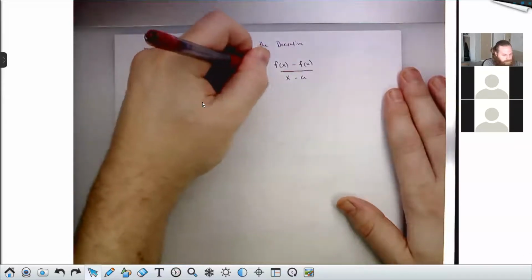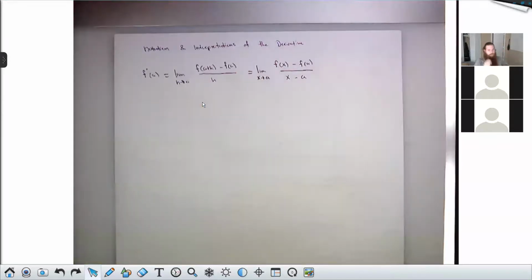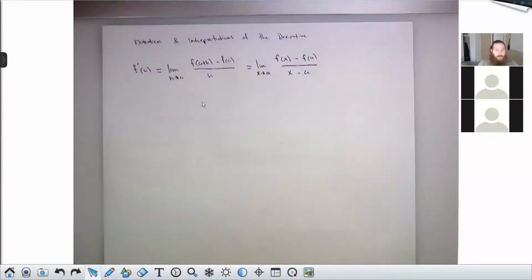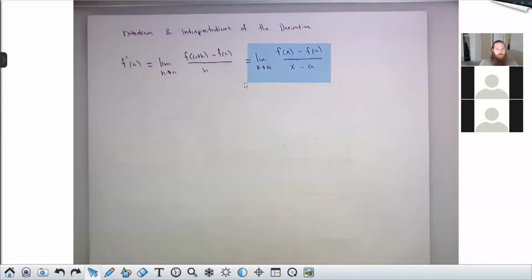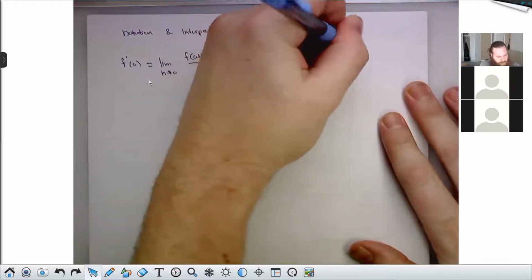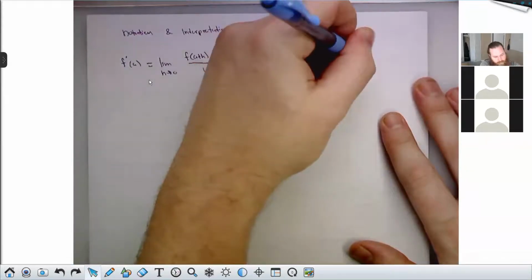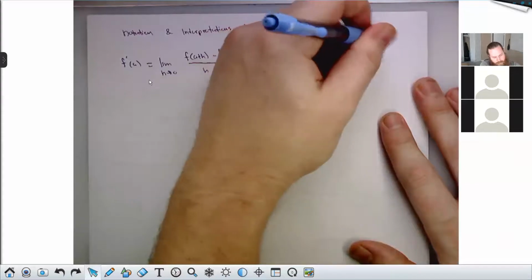So this would be the same as the limit as x goes to a. This is an alternate definition, and it's literally the same thing. To go from one to the other, you just substitute x equals a plus h.